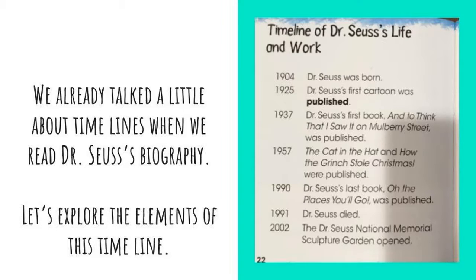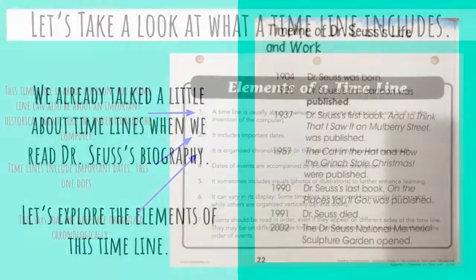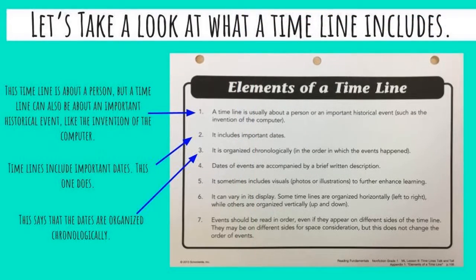So if we look at the picture on the right, this is a timeline that is found at the back of the book, and it's titled Timeline of Dr. Seuss's Life and Work. So let's take a look at what a timeline includes. Here we have an anchor chart of elements of a timeline. Number 1, timelines are usually about a person or an important historical event, such as the invention of the computer. Number 2 includes important dates.